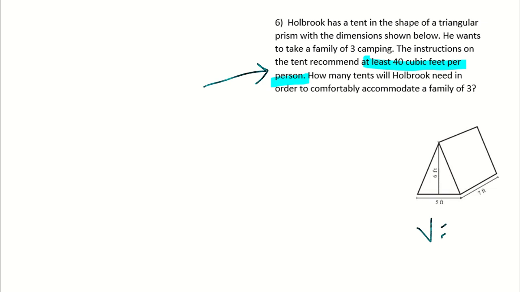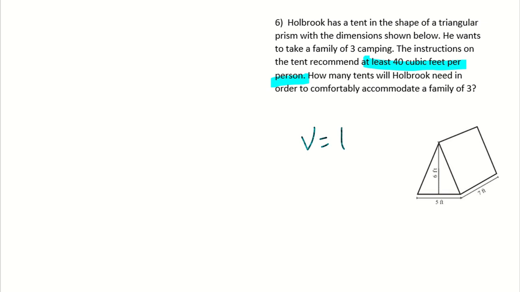And so we're going to see what we get, compare it to what is recommended, and figure out, is the one tent enough, or maybe do we need more? Okay, that's the idea. So first, let's figure out the volume of this tent.